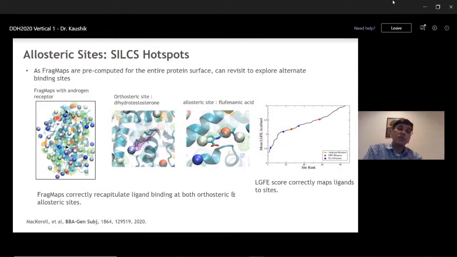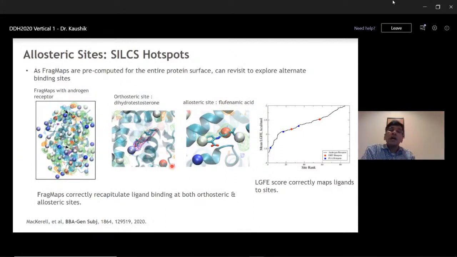Can we treat them as allosteric binding sites and reach into those as well? So in that context, I don't know if this is quite visible, but marked by these black arrows, further away from this orthosteric binding site, are known allosteric binding pockets where flufenamic acid binds.